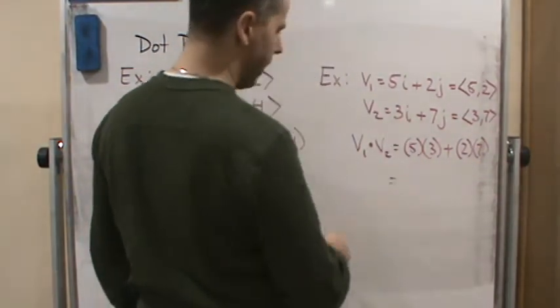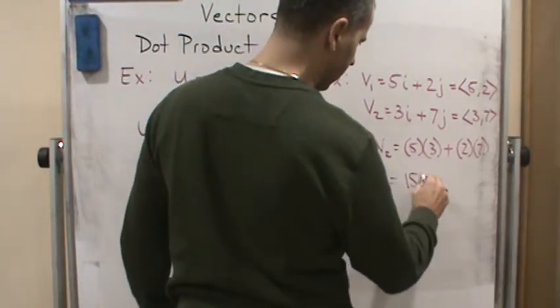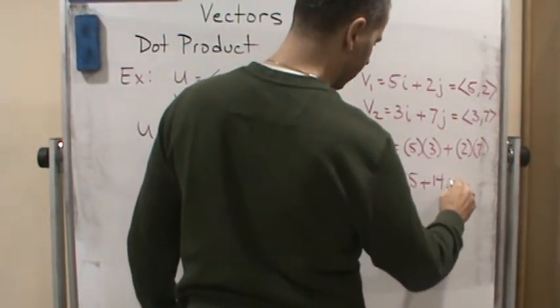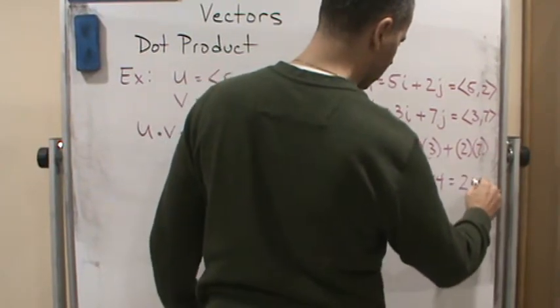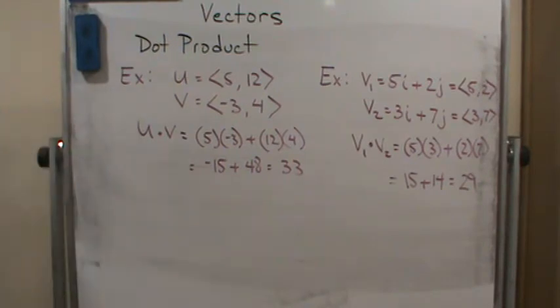And so the dot product of v1 and v2 is going to equal 15 plus 14, which equals 29. Okay, now, so we're not done. Now in this problem, they ask us to find the angle between them. So let's do that.